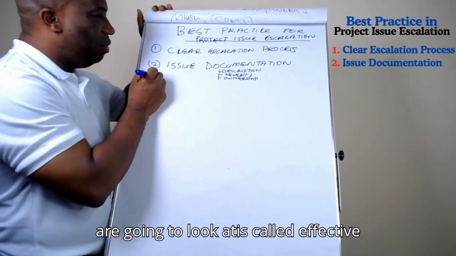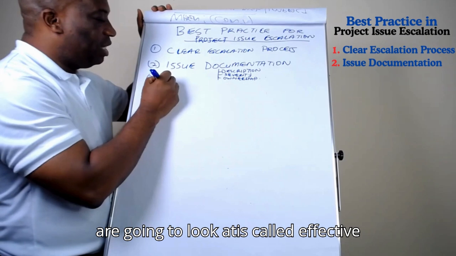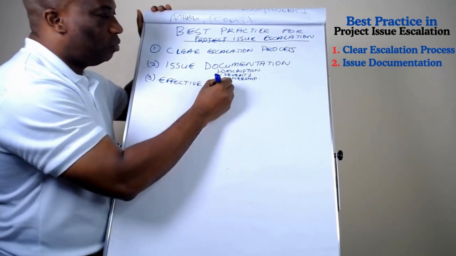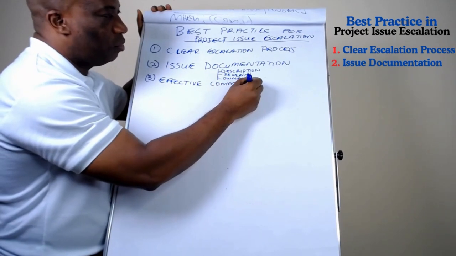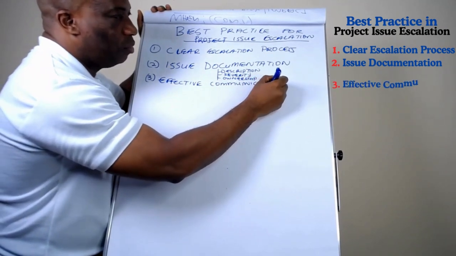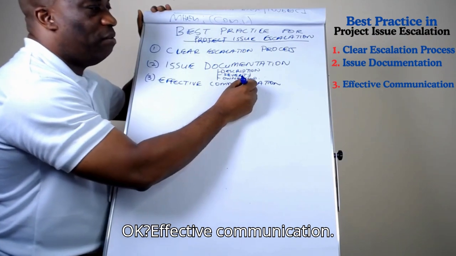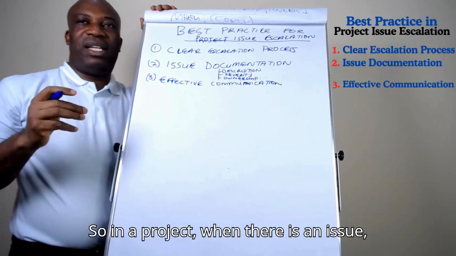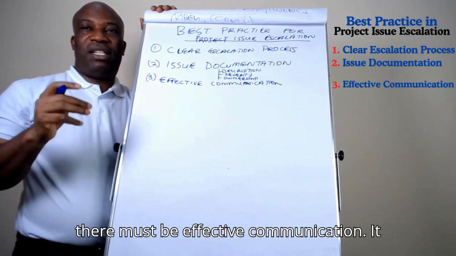Then the third one we are going to look at is called effective communication. So in a project, when there is an issue, there must be effective communication.